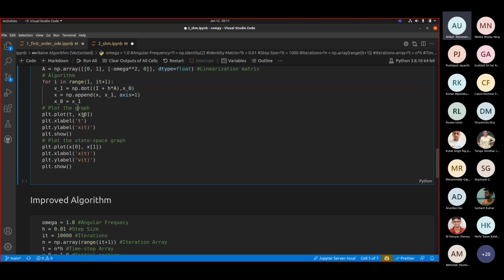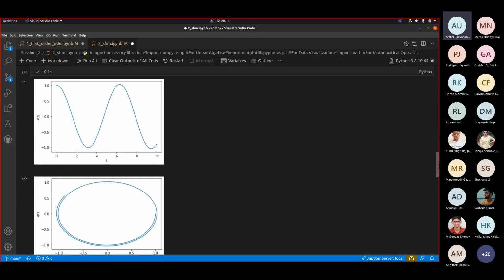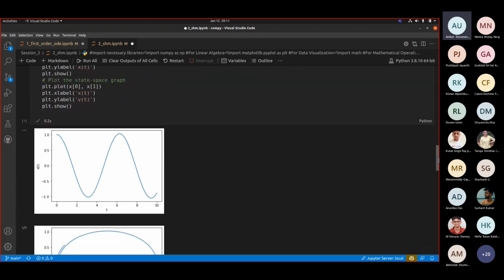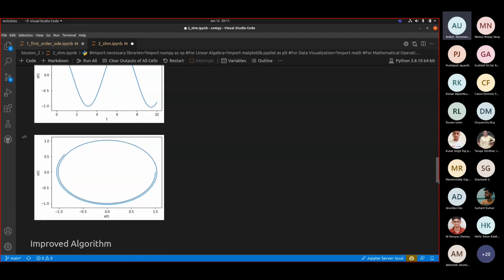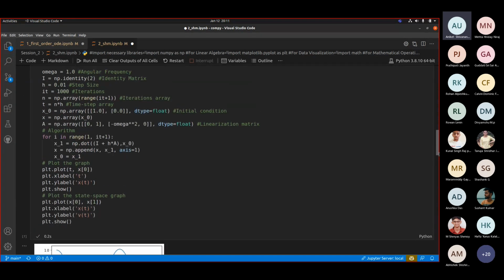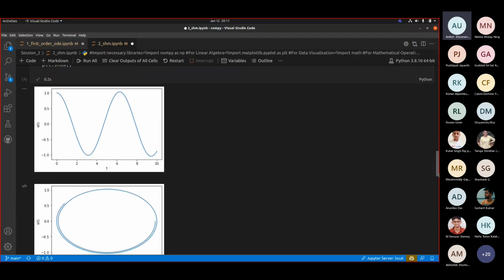Now we can plot the graph. This x0 will give me positions, and x1 will give me velocities. You can see here that this again gives me my naive algorithm, albeit a little better. It is the same time step and the same iteration, but it is giving me a little better result. And that is basically the power of vectorization.